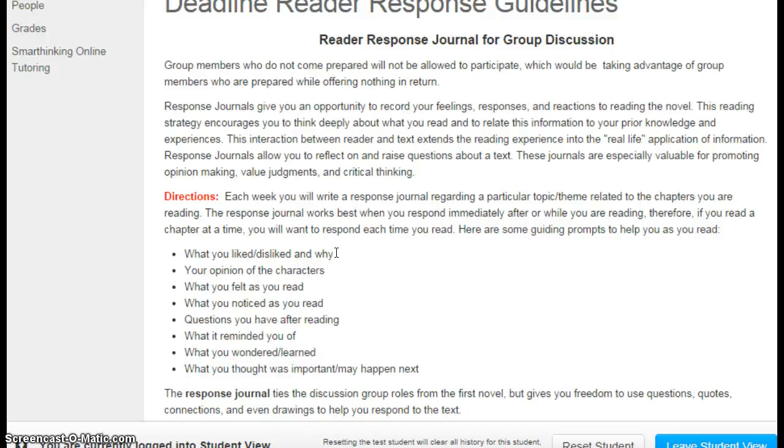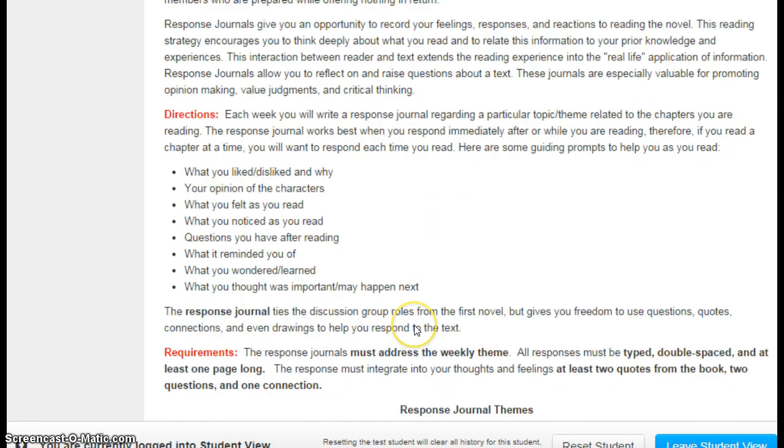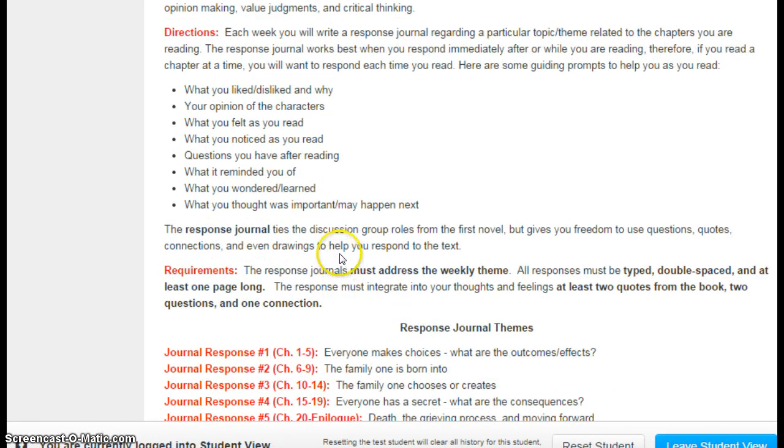What questions do you have after reading? What did it remind you of? What kind of connections can you make? What did you wonder or learn as you were reading this? And what did you think was important and might happen next? Now, notice you don't have to discuss all of these things. These are just to guide you as you read.